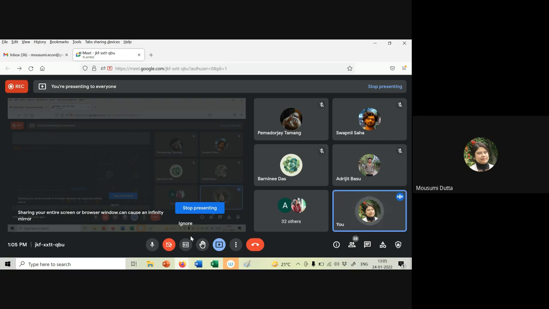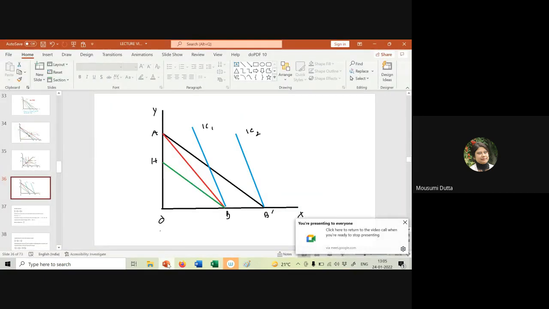Figure 2 shows the consumer's equilibrium with perfect substitutes.